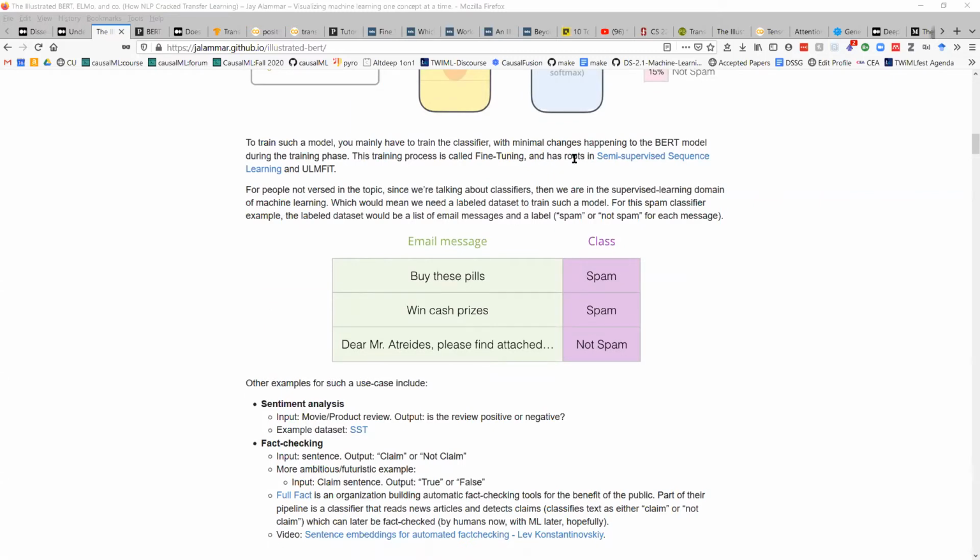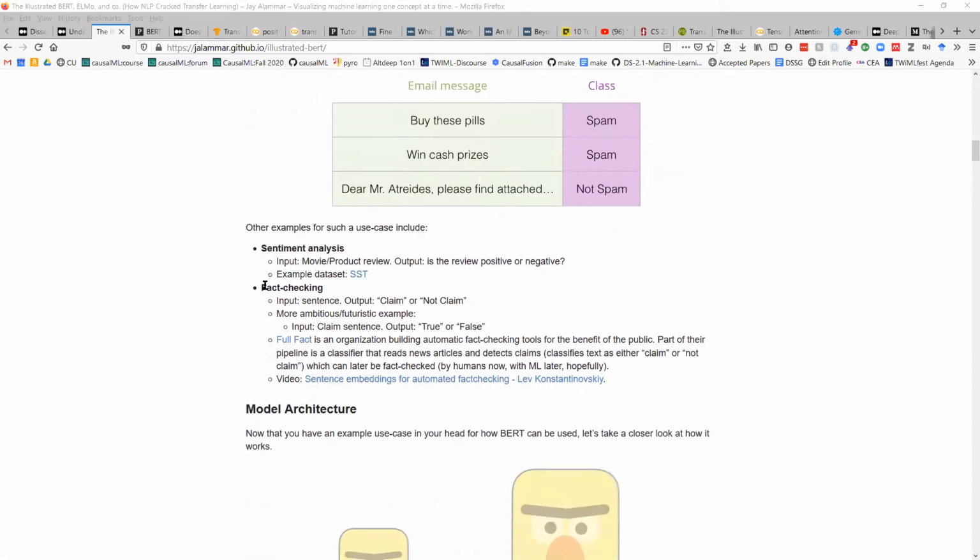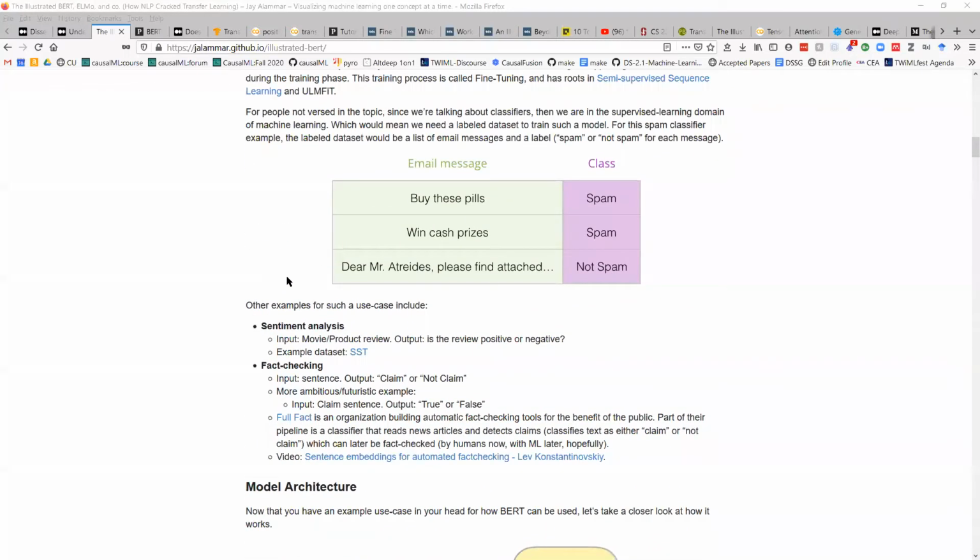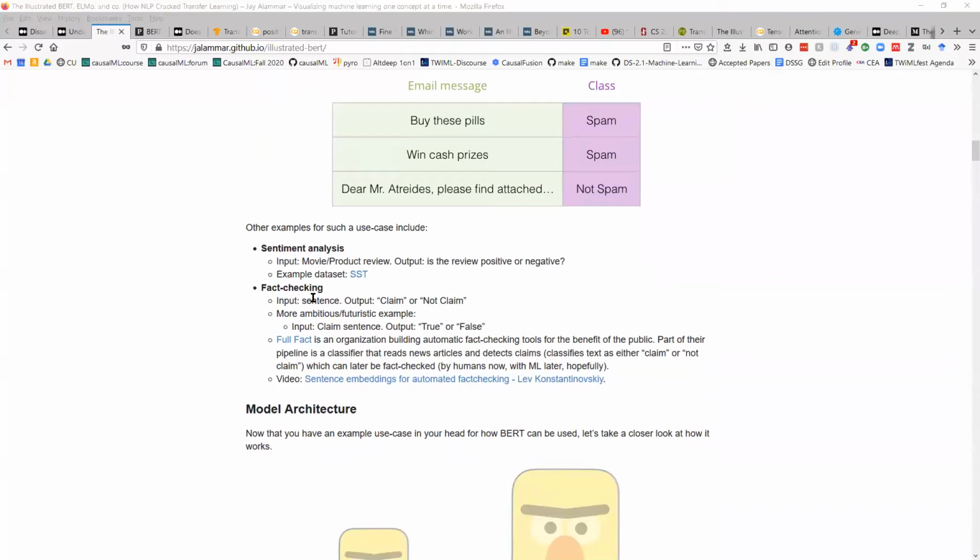He talks about pre-training and ULMFiT. Before we go on, he talks about different kinds of problems that are similar to spam classification. Sentiment analysis, positive or negative, like reading a movie review and deciding whether it's a good one or a bad one.